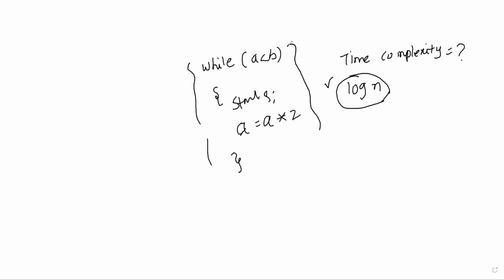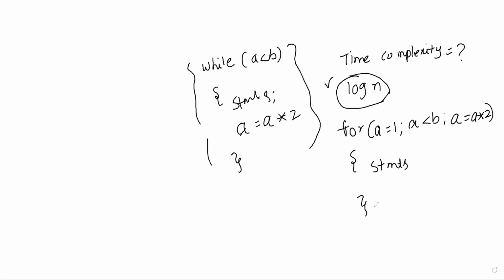Okay, before this, let me convert the same thing into the for loop first. For a equals 1, a less than b, a equals a multiplied by 2, and have some statements. So this is both equal.